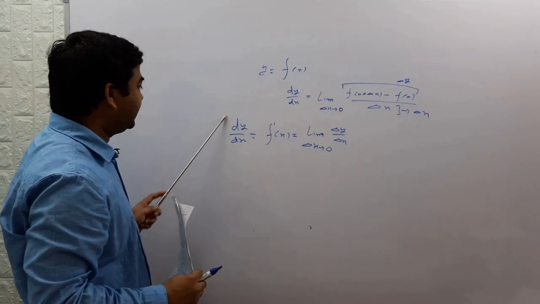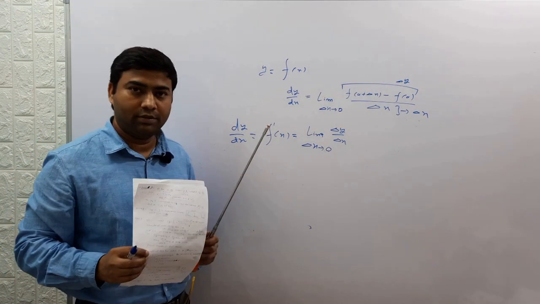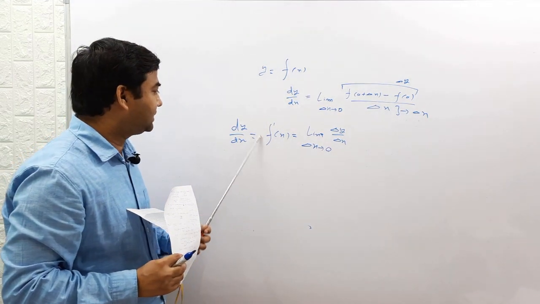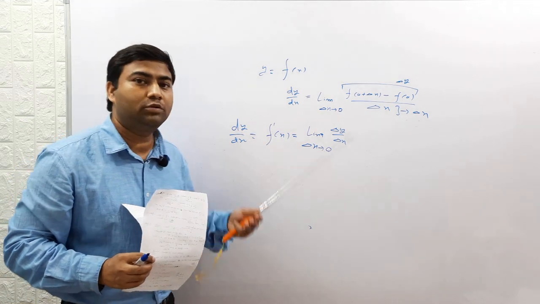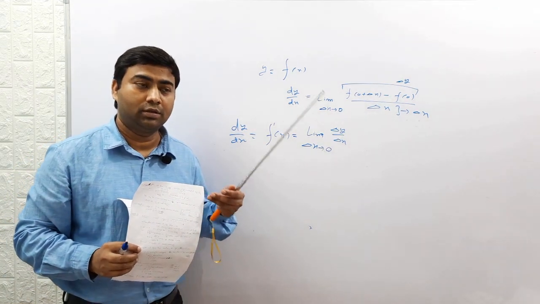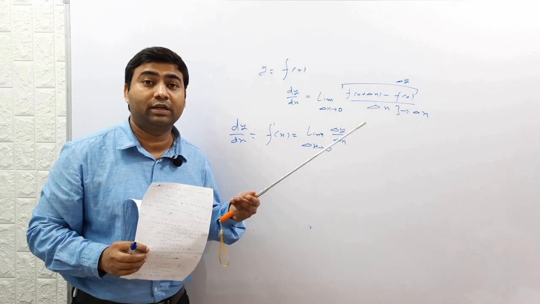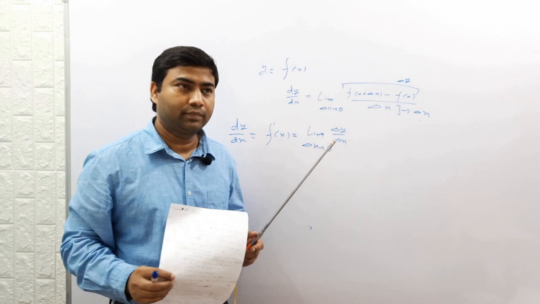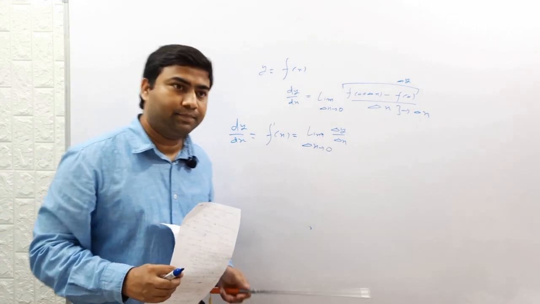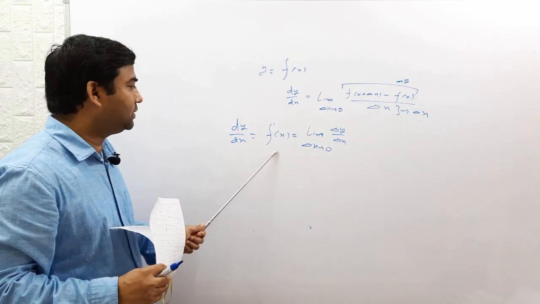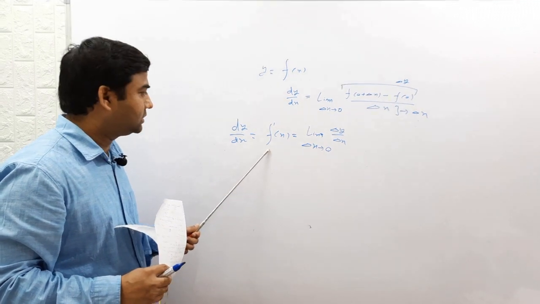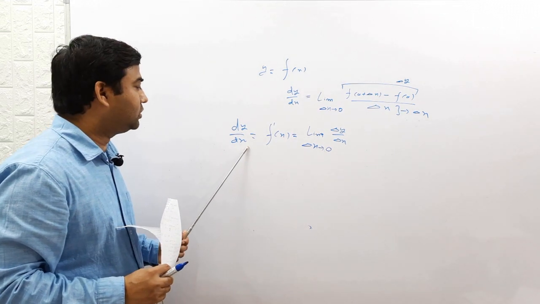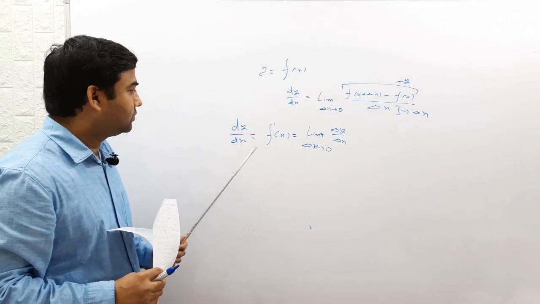This dy over dx notation was given by Leibniz. This is called Leibnizian notation. And this f dash x notation was proposed by Lagrange based on Newton's theory of fluxions. Newton and Leibniz separately discovered calculus, so they proposed their own nomenclature. So this is Lagrangian nomenclature based on Newton's calculus, and this is Leibniz notation based on calculus developed by Leibniz. Both are the same.